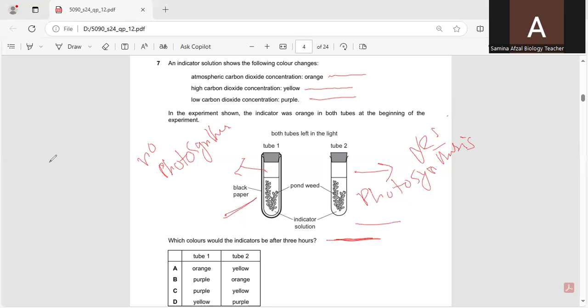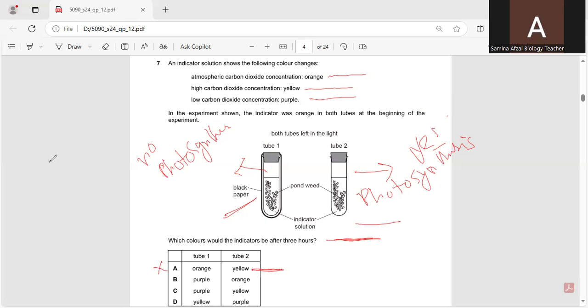So according to this, A is not the correct option because in test tube 1, the color should be yellow.